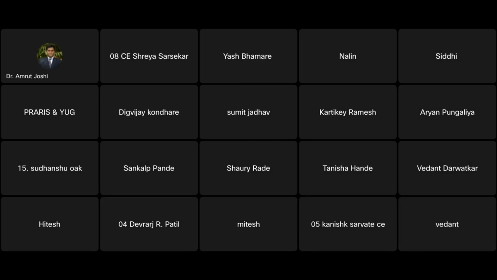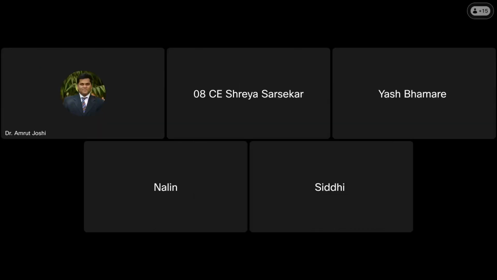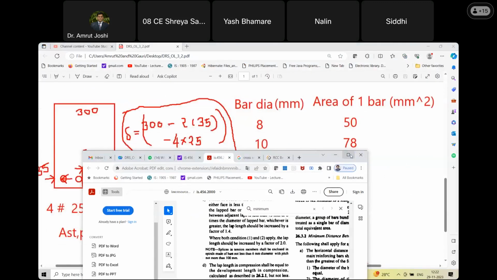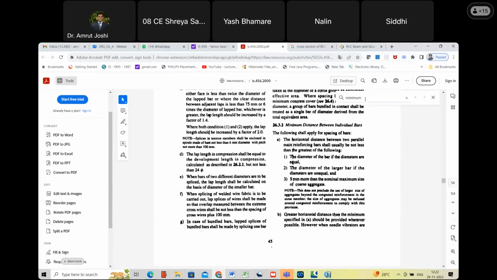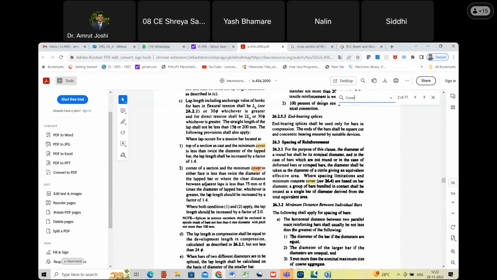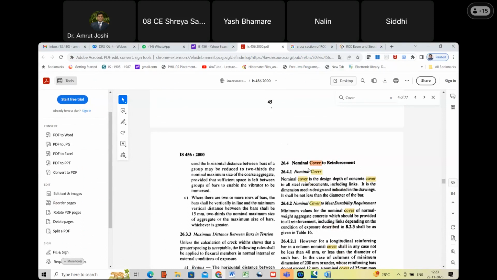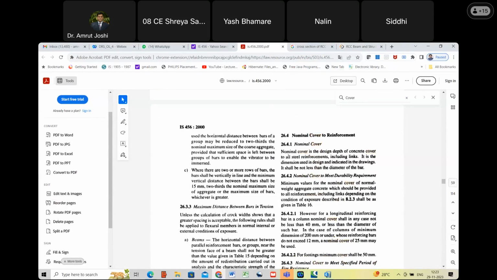So let me share the screen with you. Again, are you able to see the RCC beam sections? Yes, sir. So now let me go to the IS code. Let us search cover. Look at, are you able to read this? Nominal cover to the reinforcement. Yes, sir. So look, what is the definition of nominal cover?